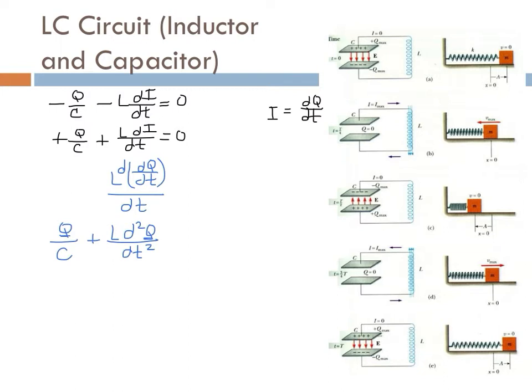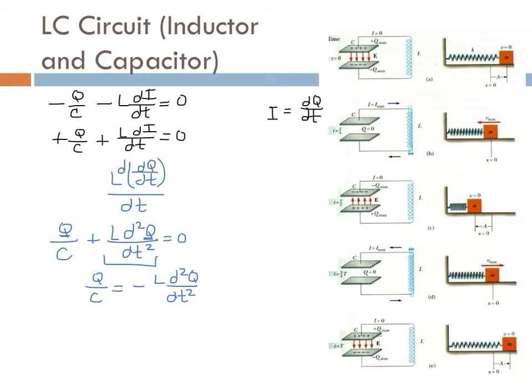But you're going to notice that if I move this piece to the other side, I get Q over C is equal to negative L times the second derivative. And we haven't had a second derivative in these functions before, but we have had these kinds of derivatives with simple harmonic motion.